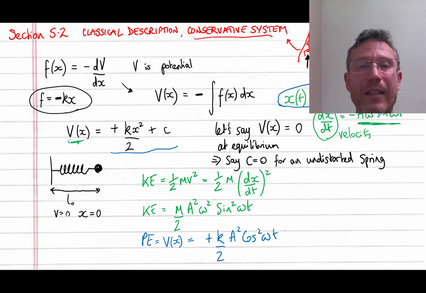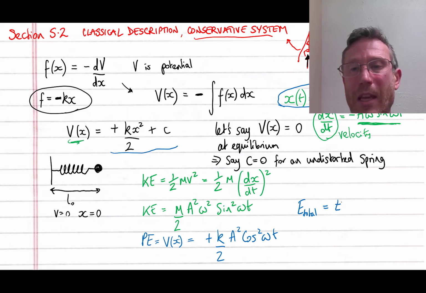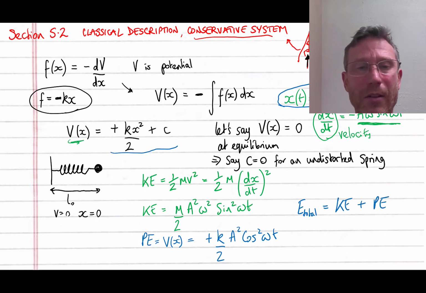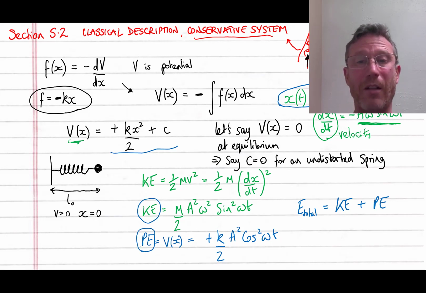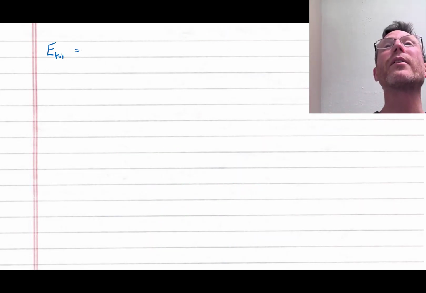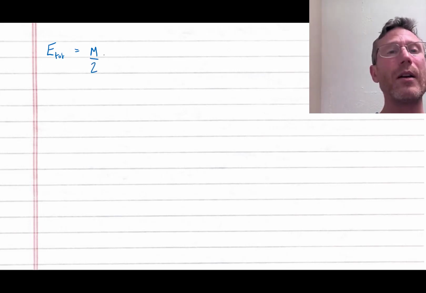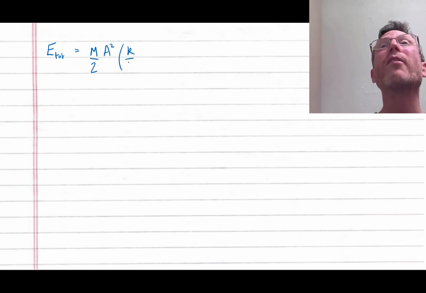Now in the next slide we're basically going to remember that total energy, so we'll call that E total for now, is equal to the kinetic energy plus potential energy. So what we're going to do is take these values and add them together in the next slide. I'll rewrite that for you. So E total is equal now to, here is our kinetic energy, m over 2 a squared, and that's k over m.